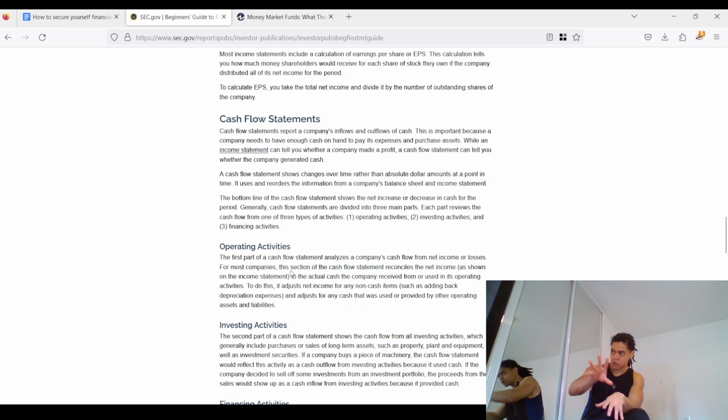And when I look at the most common operating liabilities, we have things like accounts payable, which is money that you owe to your suppliers or vendors, for example.